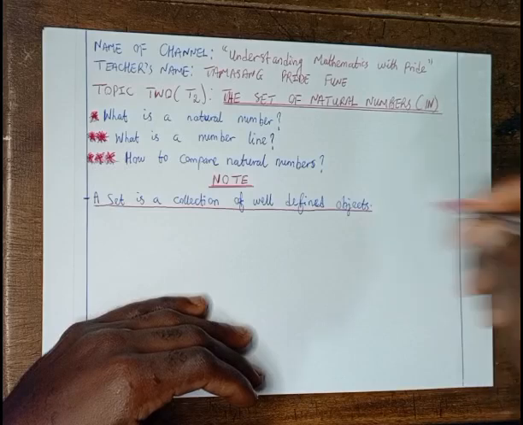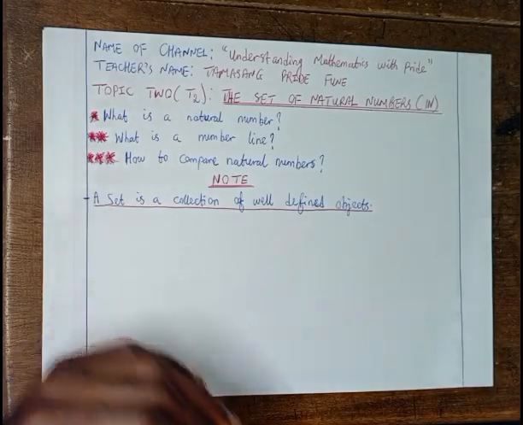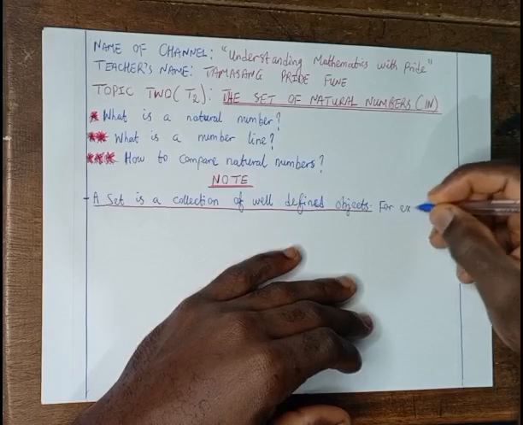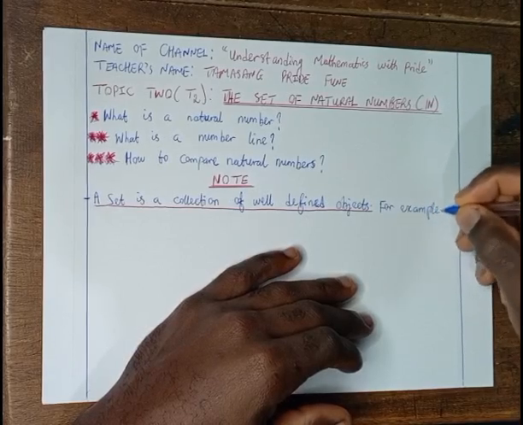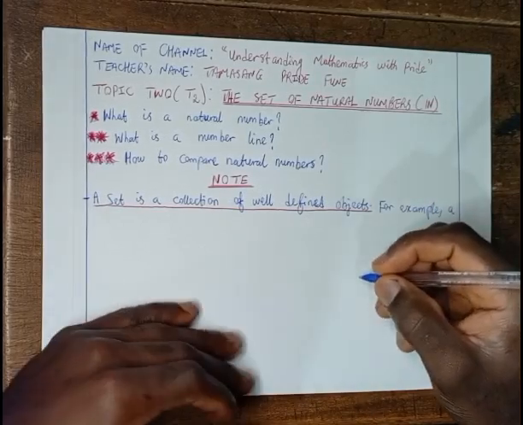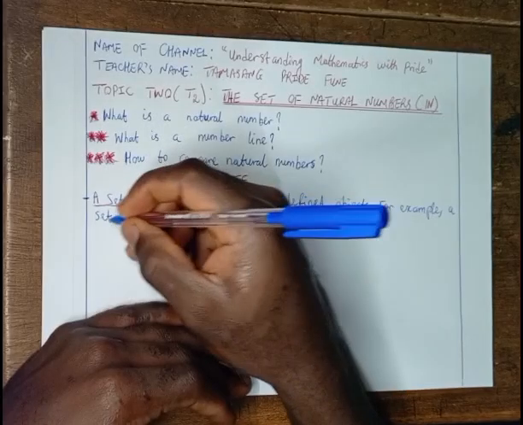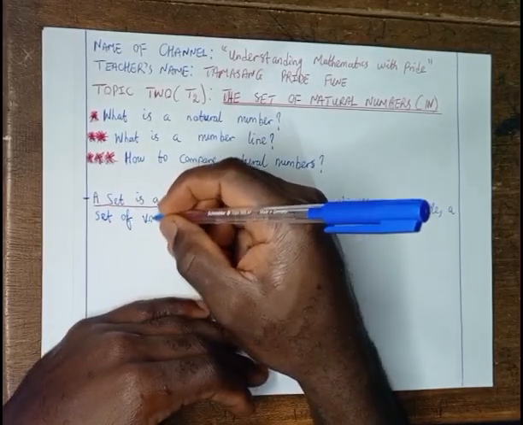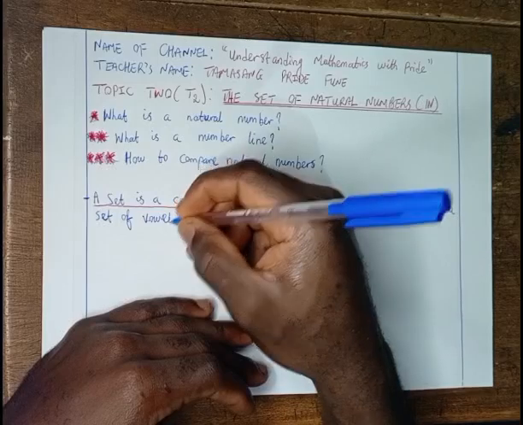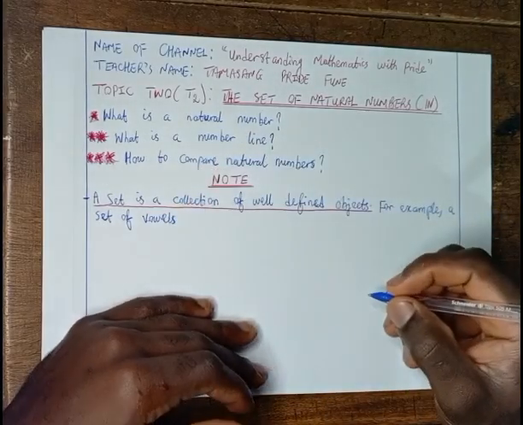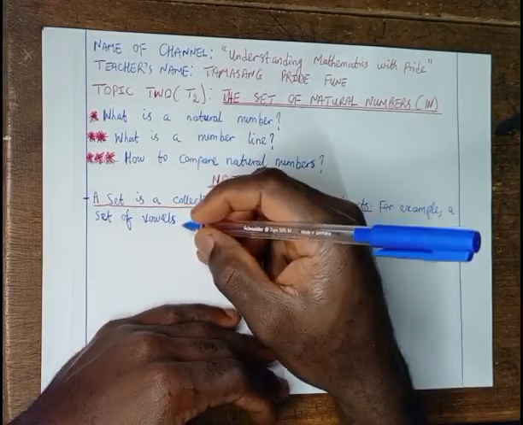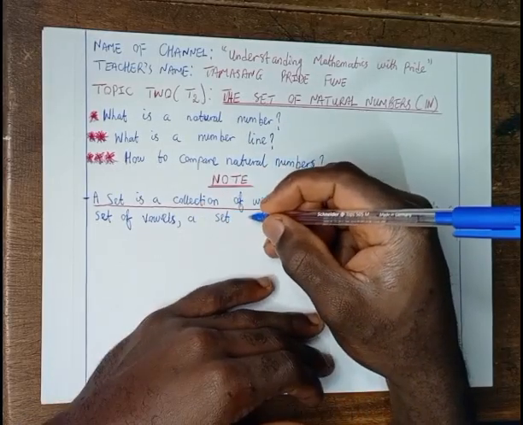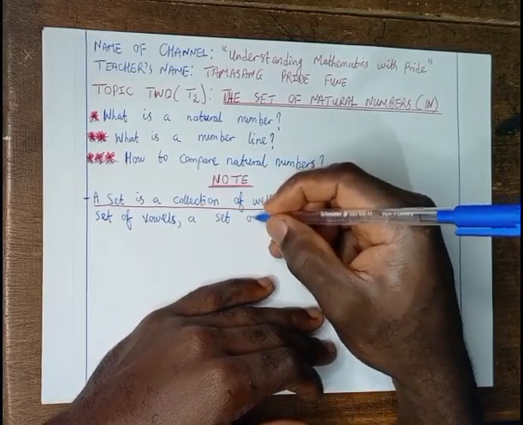For example, we can talk of a set of vowels. We have a set of even numbers.